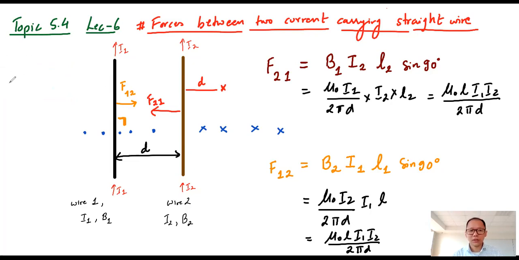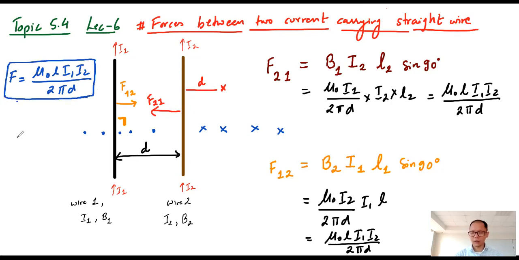Okay, so there is an equal and opposite force acting on each wire, and the force on any individual wire is given by mu naught L I1 I2 over 2 pi d. So this is one of the conclusions, and the next conclusion is that the wires tend to attract each other, okay, when the current is flowing in the same direction. So that's the point that you have to remember.